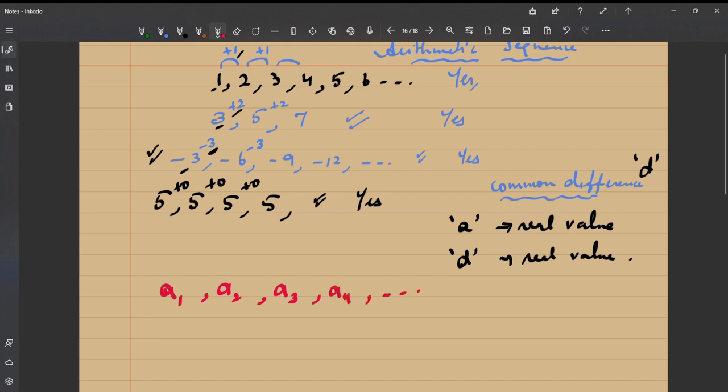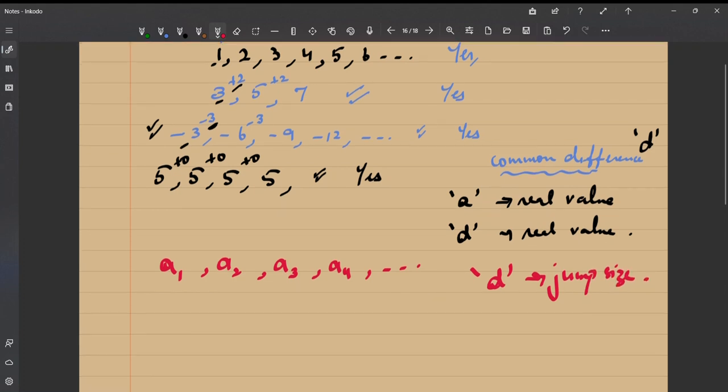So these denote the first term, second term, third term, fourth term of an arithmetic progression, where let us assume that the common difference or the jump size is D. D is the jump size, right? So now let us try to formulate something. A1, as I already said, can be denoted as A, isn't it?